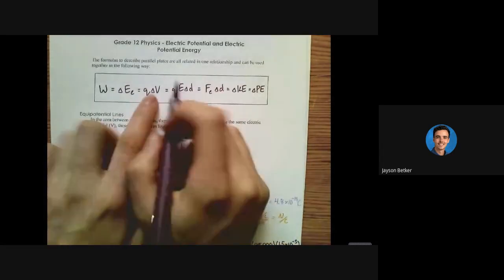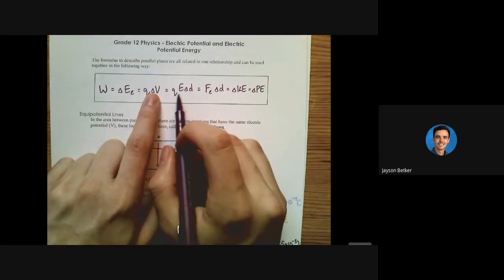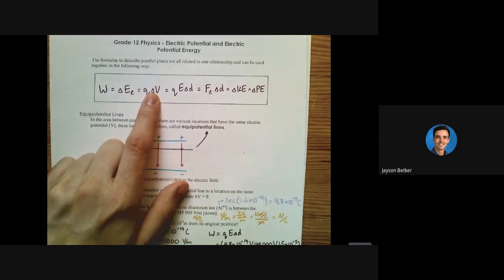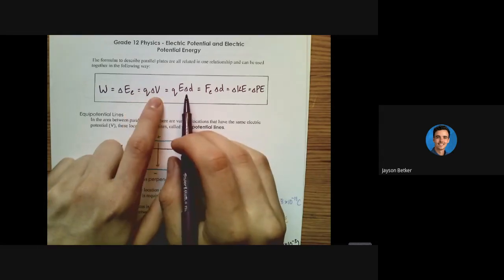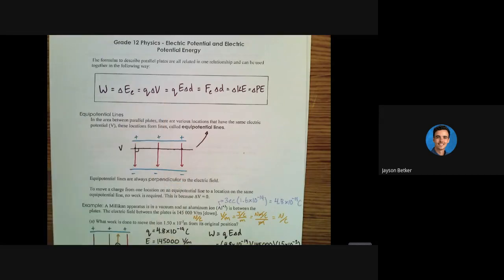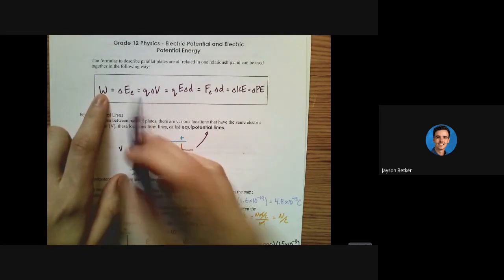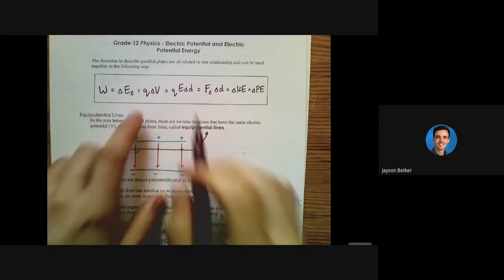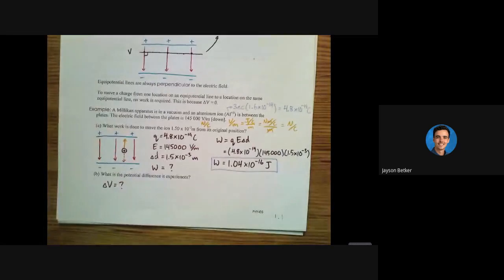We're trying to find delta V. So I could set delta V equal to QE delta D. Totally do that, and you could cancel out your Q's and end up with delta V just equals E times delta D. Which is basically the same thing. Another way you could do it is set your work equal to Q times delta V, which is the way that I just did it. Actually, in hindsight, I probably should do it like the other way, but either way, it will give you the exact same answer. You can try it that way. I'm going to do it this way.